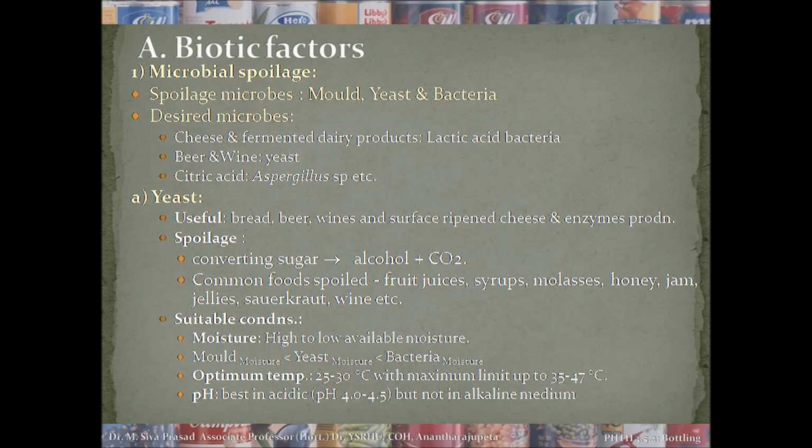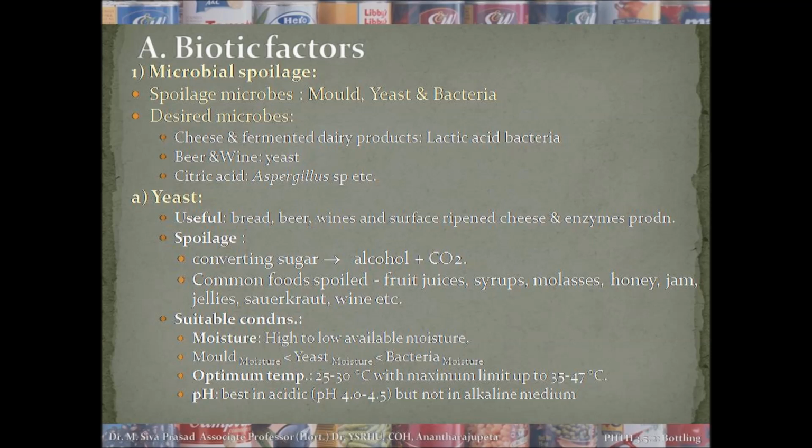In addition to that, if the pH of the juice or beverage is acidic, it is suitable for their growth. But if it is more than 4.5, they cannot grow. So these are the two conditions which can be utilized in preventing the spoilage caused by yeast.